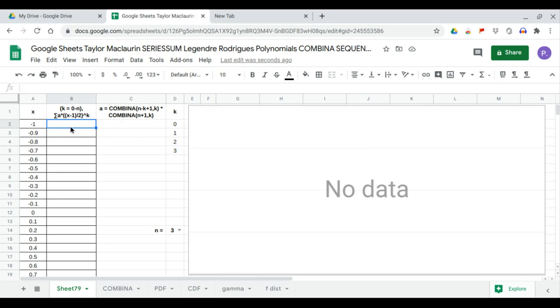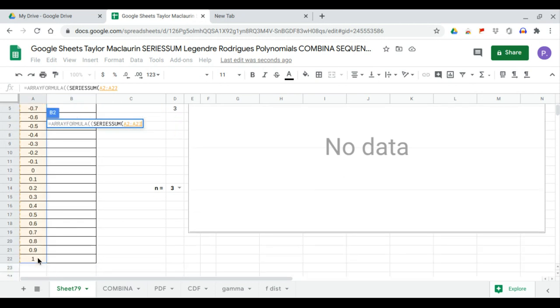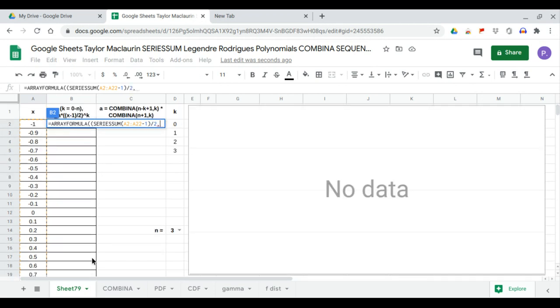Next, we use the Taylor-Maclaurin series sum to generate the dataset, which is an array formula, SERIESSUM of (x minus 1) divided by 2 and raised to the power k, where k starts from 0 and is incremented by 1. And the coefficient will be from this range.